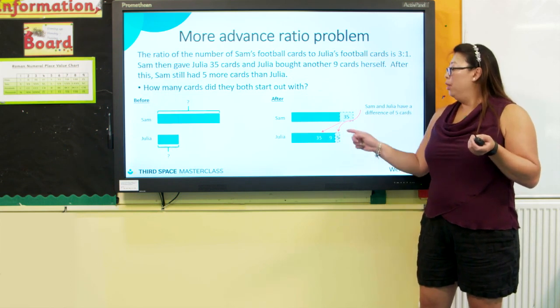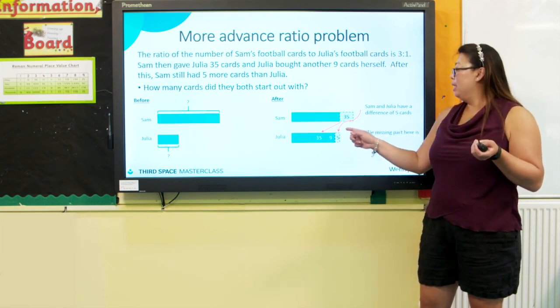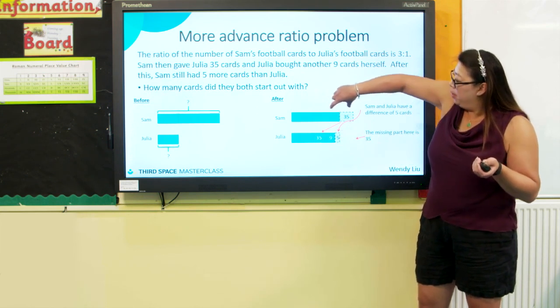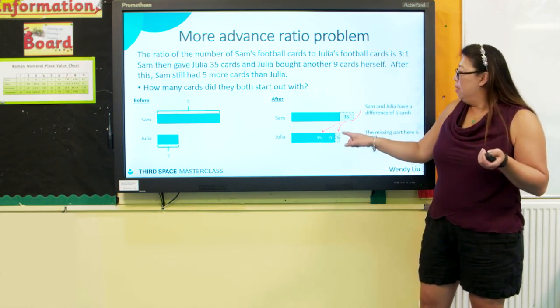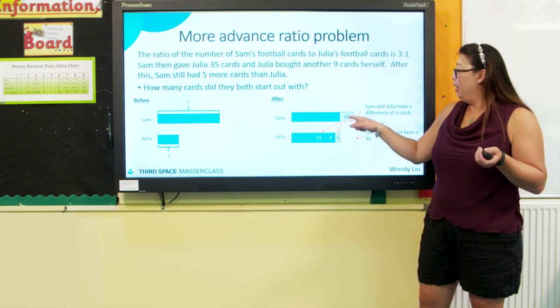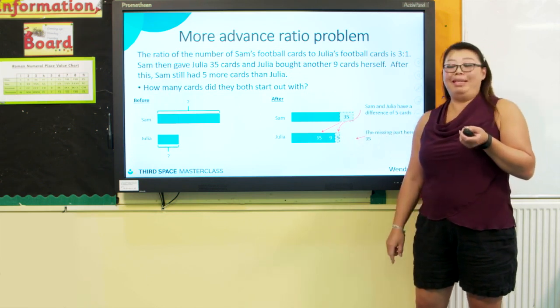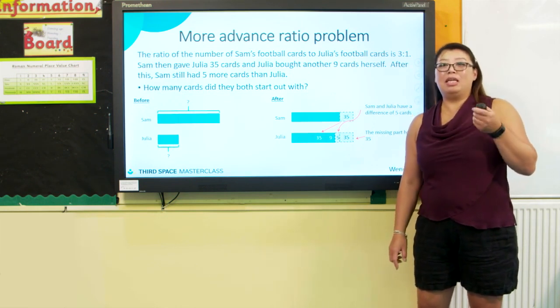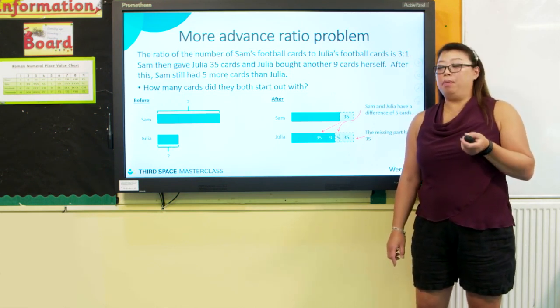Now we also know that this missing part here, in order to make 2 original parts, is the same as this part here. So we can put that part in. That doesn't mean that it's there. It's just there to help us work out and solve the problem.